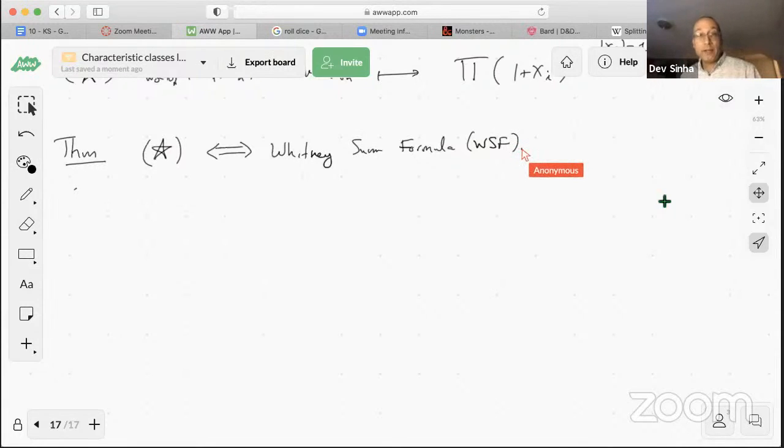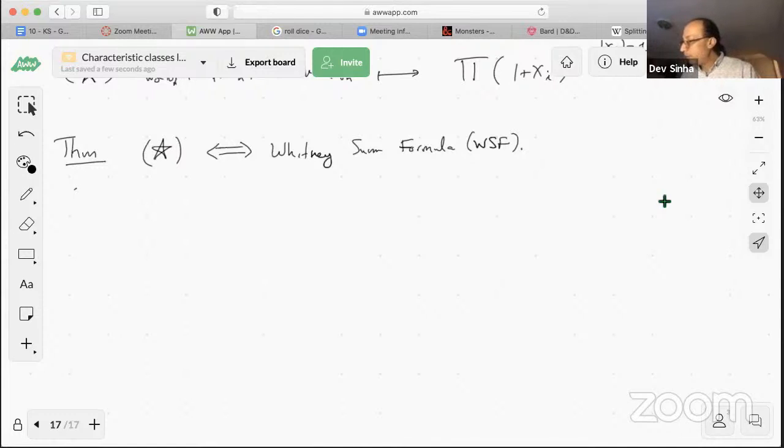At least in light of the classification theorem, but of course we can assume anything that we've already shown to be true. So this will be a way to establish the Whitney sum formula through establishing the calculation star.